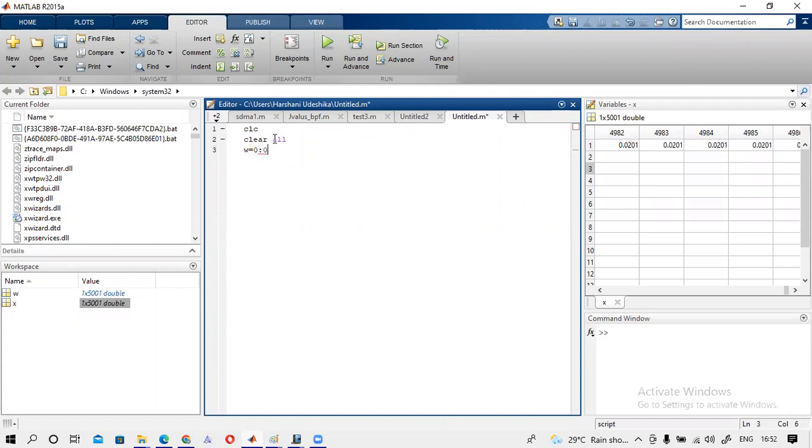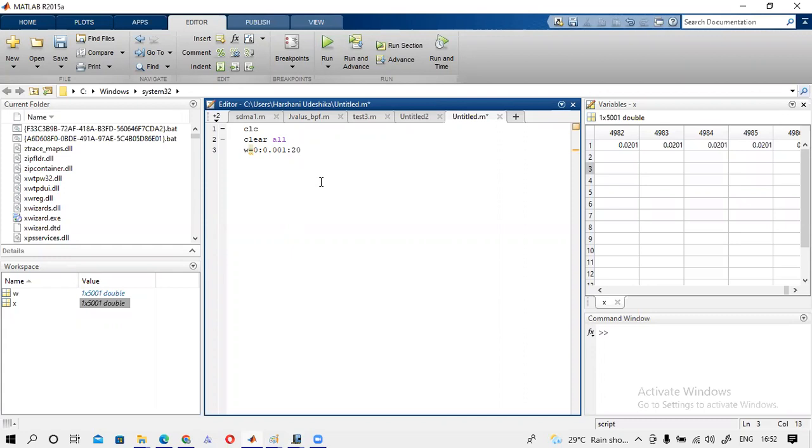So you can define it in continuous variable form, which means I am taking a very small step, a very small increment, so it will look like a continuous wave. Let's say up to 20, I'm going to plot.